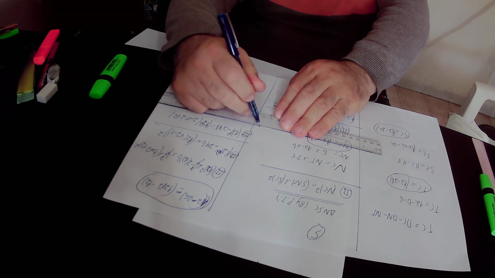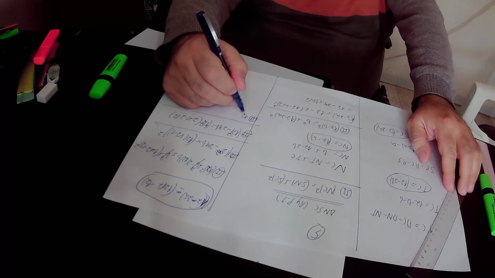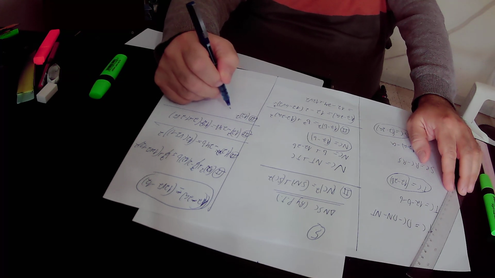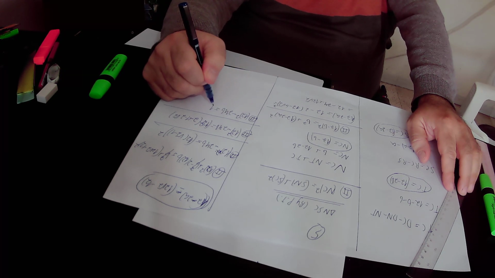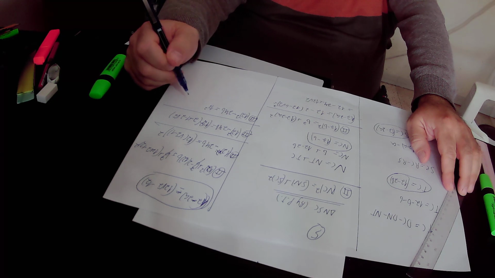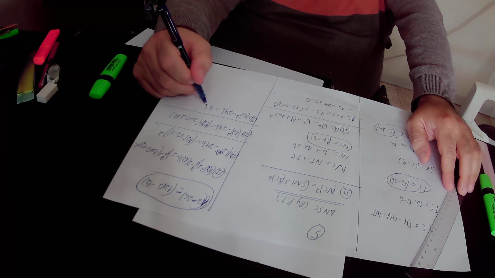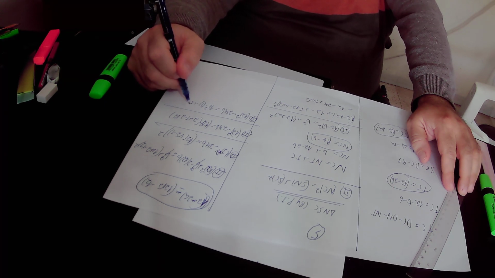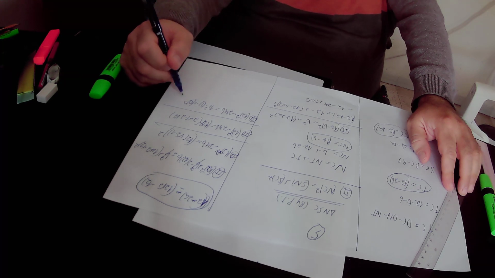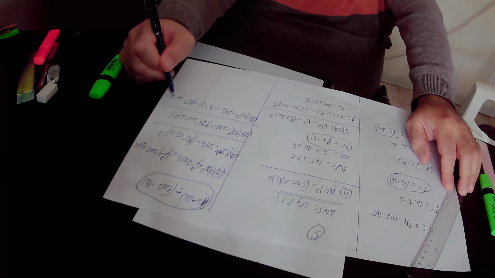So here we'll open the brackets. 12 squared times 2 is 2 times 12 squared plus 1 times 12 squared minus 2 times square root of 2 times 12 squared.